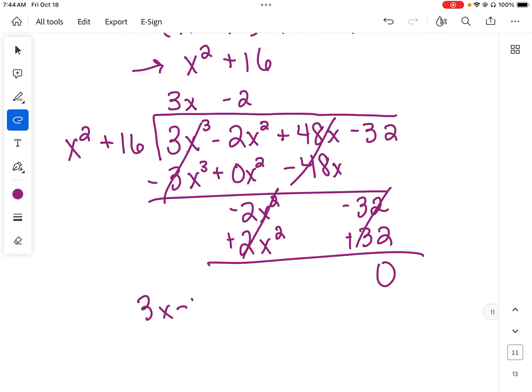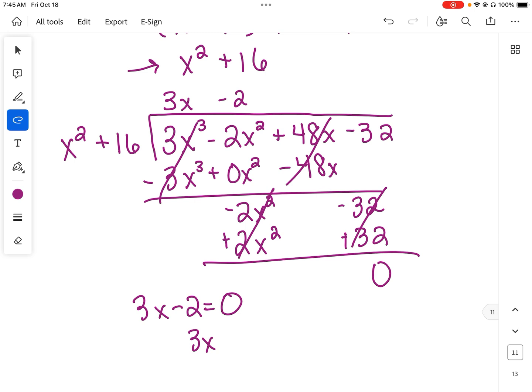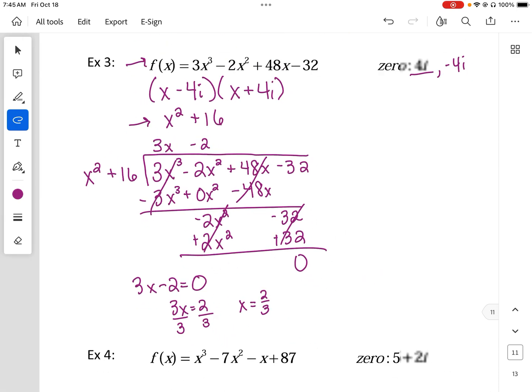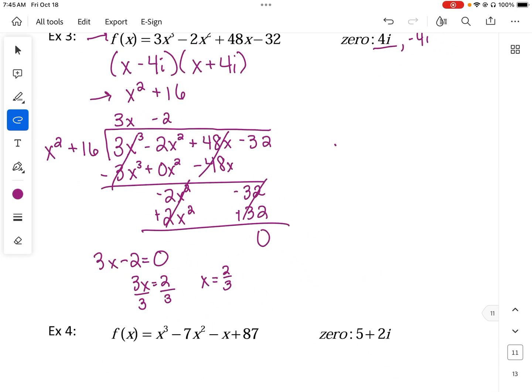So 3x minus 2 is a 0. So I want to find out what that 0 is. So 3x equals 2, divided by 3. So x equals 2/3. So all of our zeros are 4i, negative 4i, and 2/3.